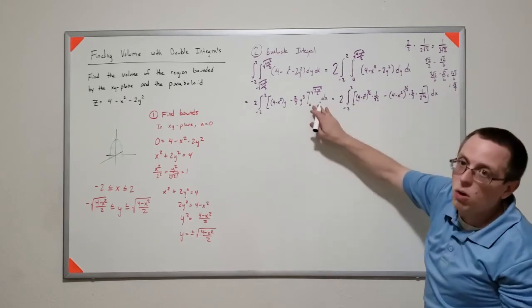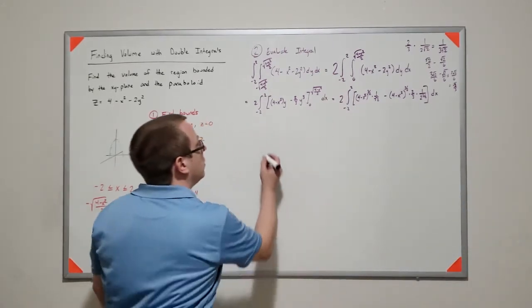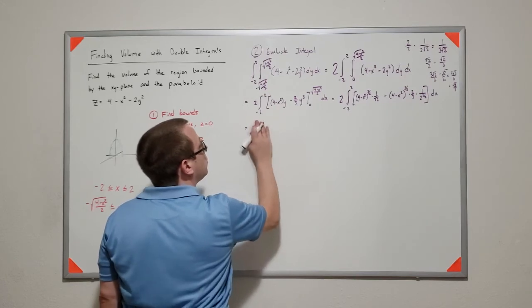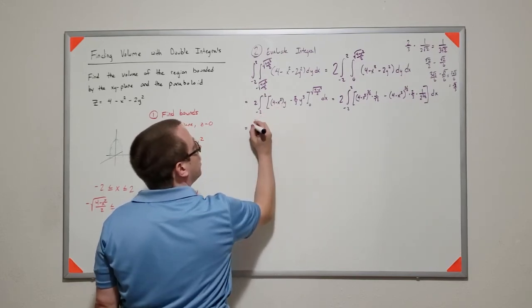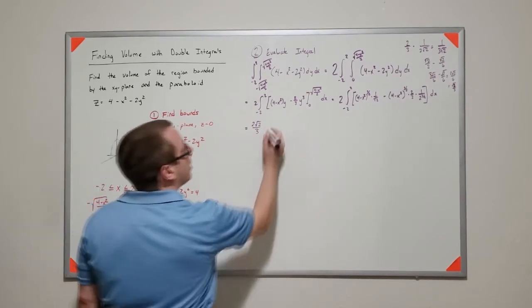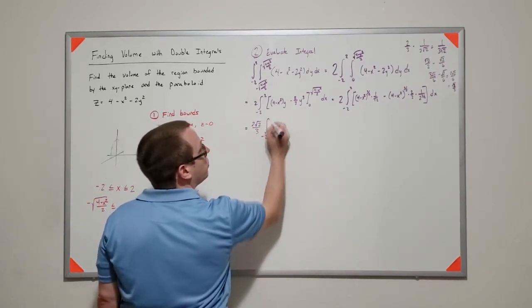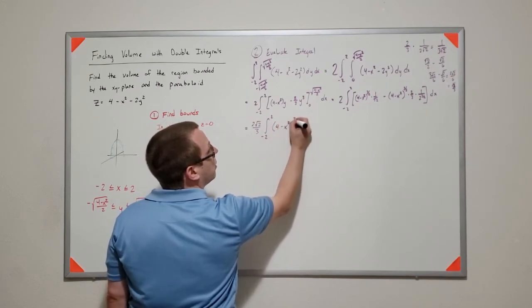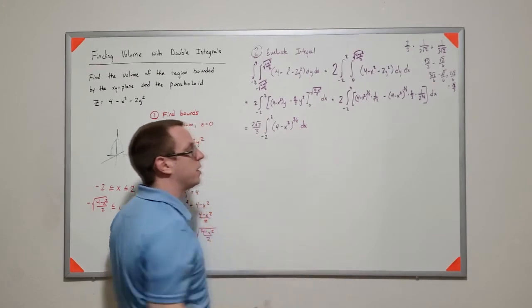So we pull all that out here. So now I have 4, or the 2 that I had, square root of 2 over 3, times the integral from negative 2 to 2 of 4 minus x squared to the 3/2 dx.